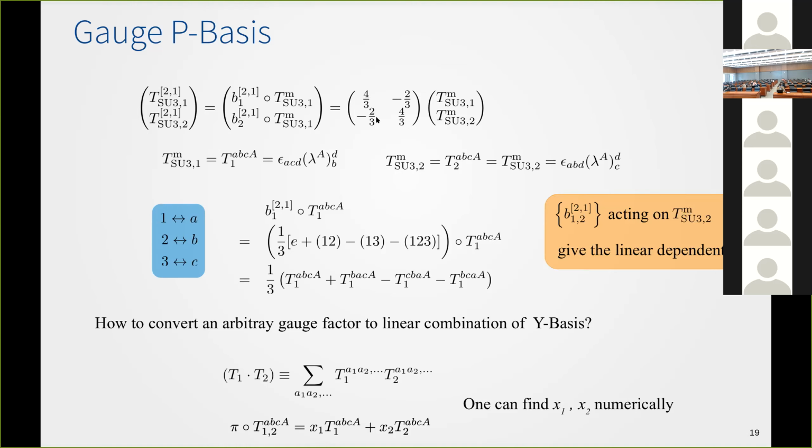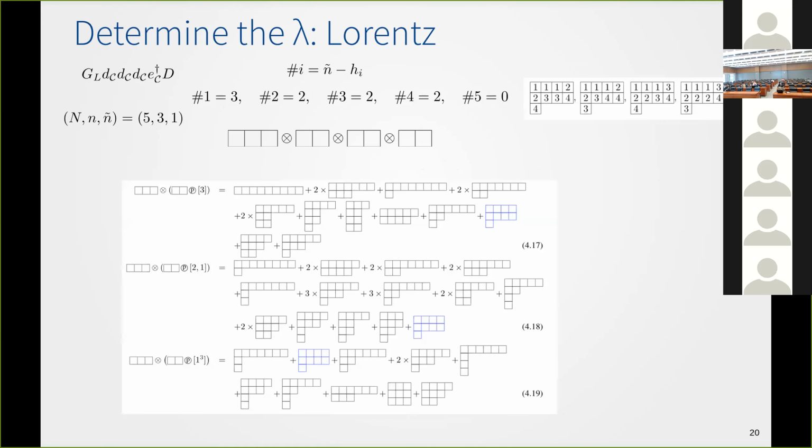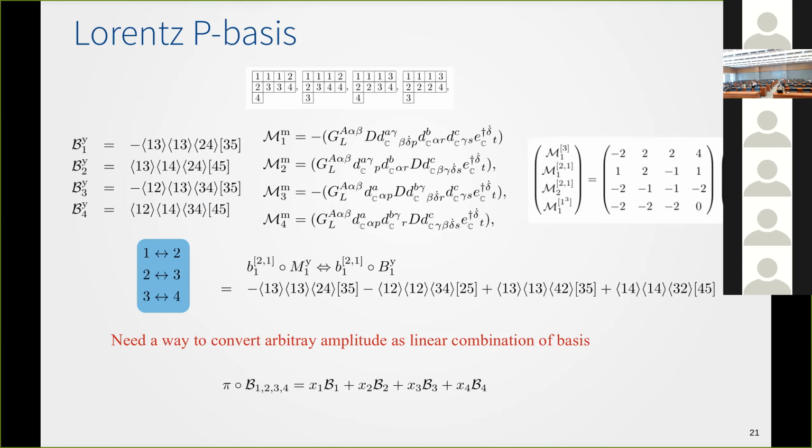So by acting on the other one, it just gives you the same linearly dependent basis. Okay, thanks. So you can do the same thing for the Lorentz part, which I'm not going to detail here due to time constraints.